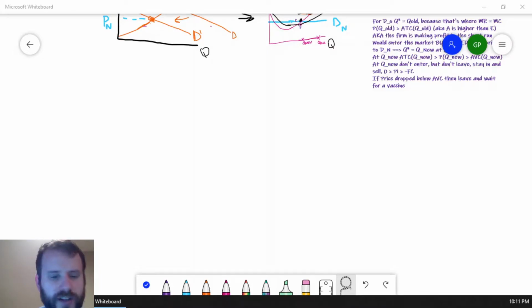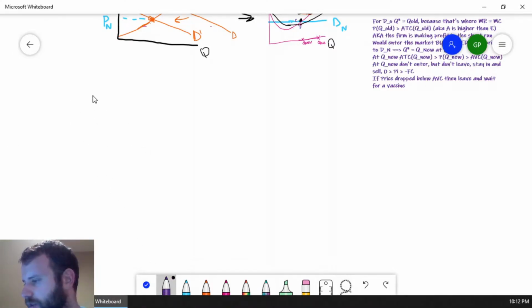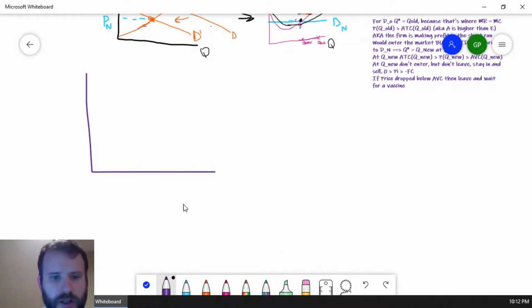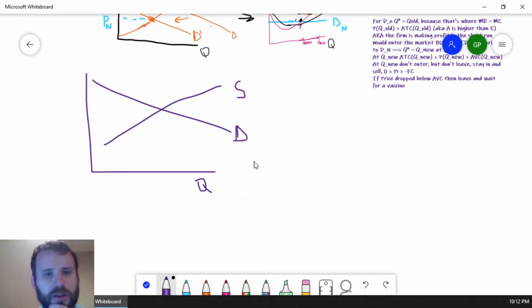All right, so now let's talk about something that I've kind of been hinting at, which is how firms behave in the long run, how the industry behaves in the long run. Okay. So let's take our industry demand, which does not have to be perfectly elastic, and our industry supply curve. Okay.